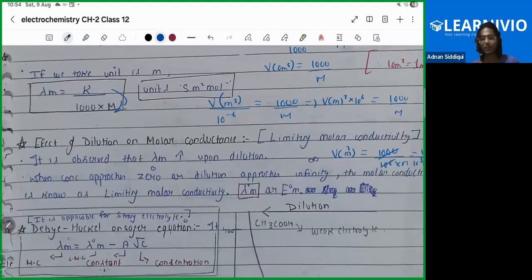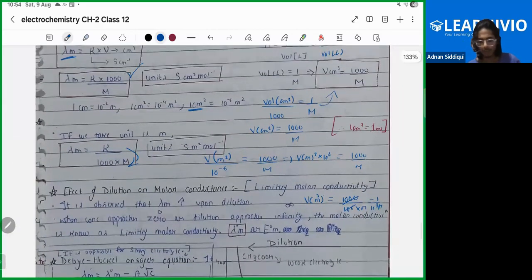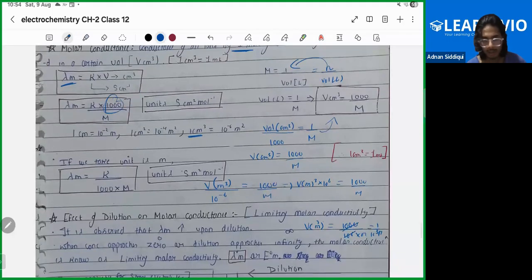Just simple unit conversion. What you need to learn is that in centimeter, the 1000 is in the numerator. For meter, it is in the denominator.